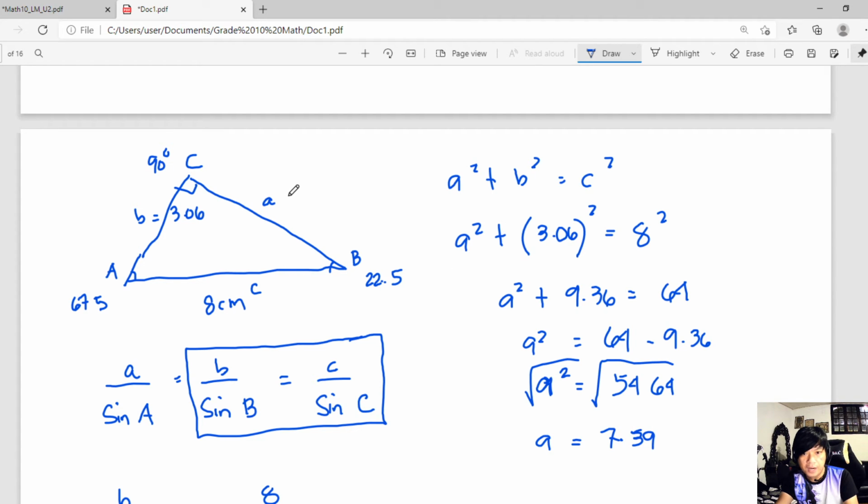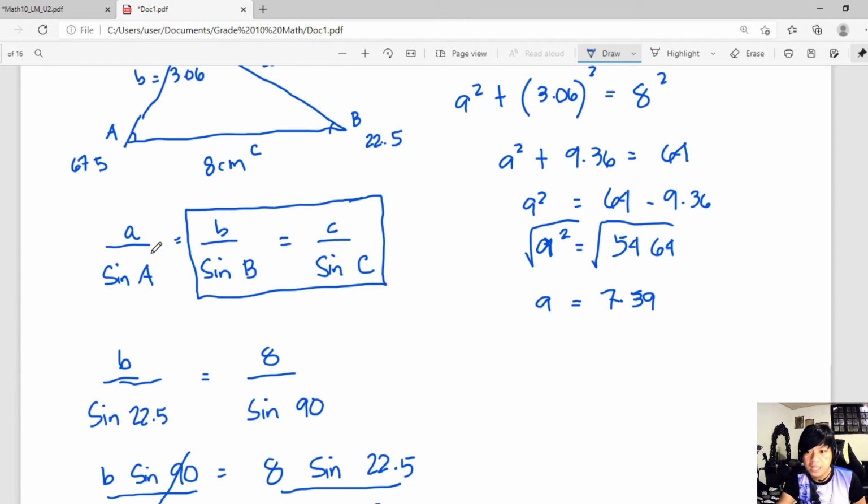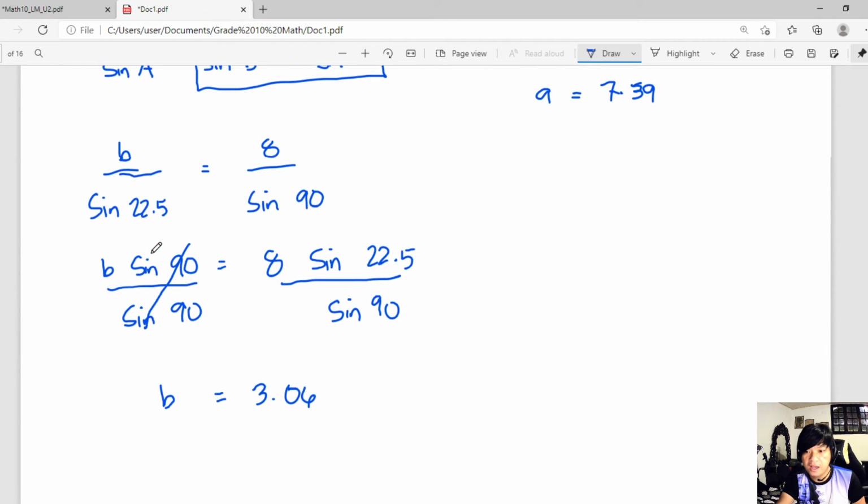So, therefore, our A here is 7.39. So we now have all the details. We now have the base. Our base is 7.39 and our height is 3.06. So we can now identify the area of the triangle.